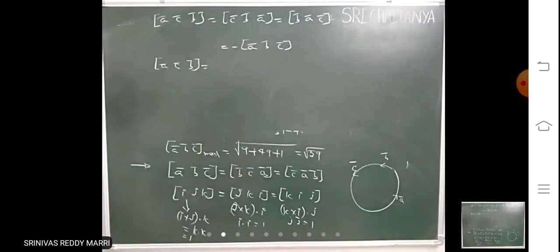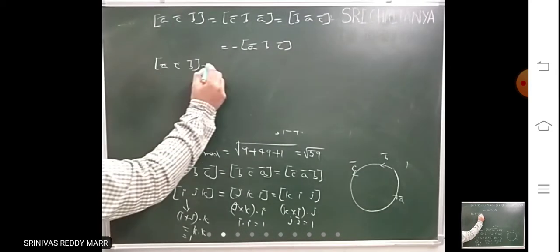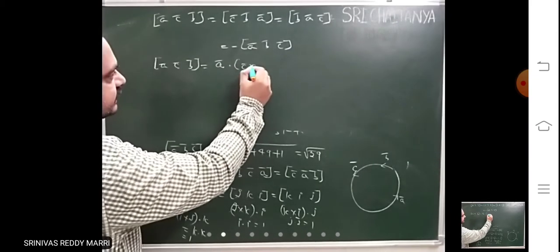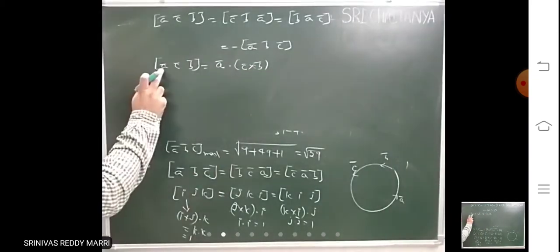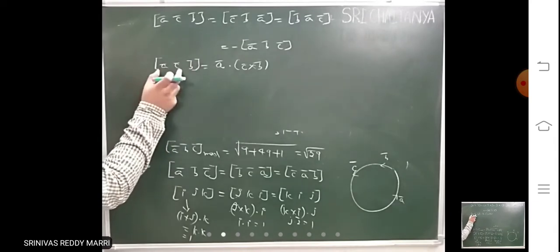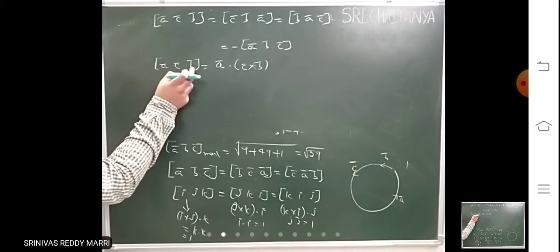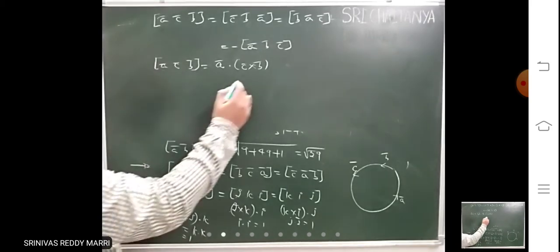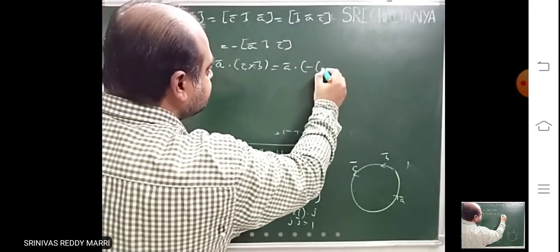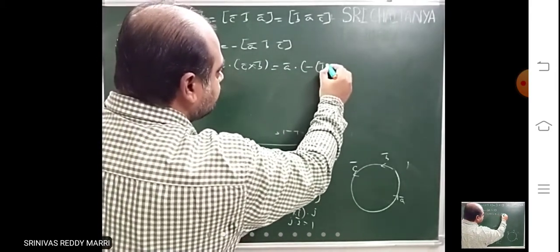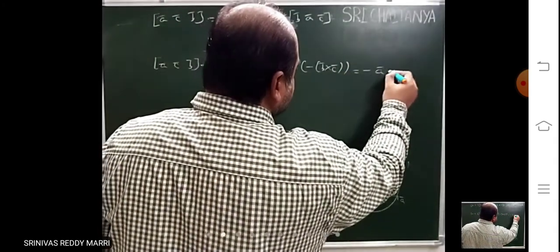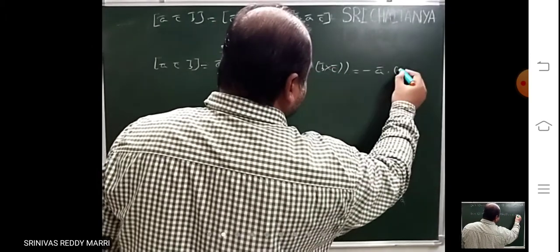You can write this as A bar dot, first vector dot cross product of the other two. You can write A bar cross C bar dot B bar, or A dot C cross B. This C cross B can be written as minus B cross C. That means the minus you can write outside.